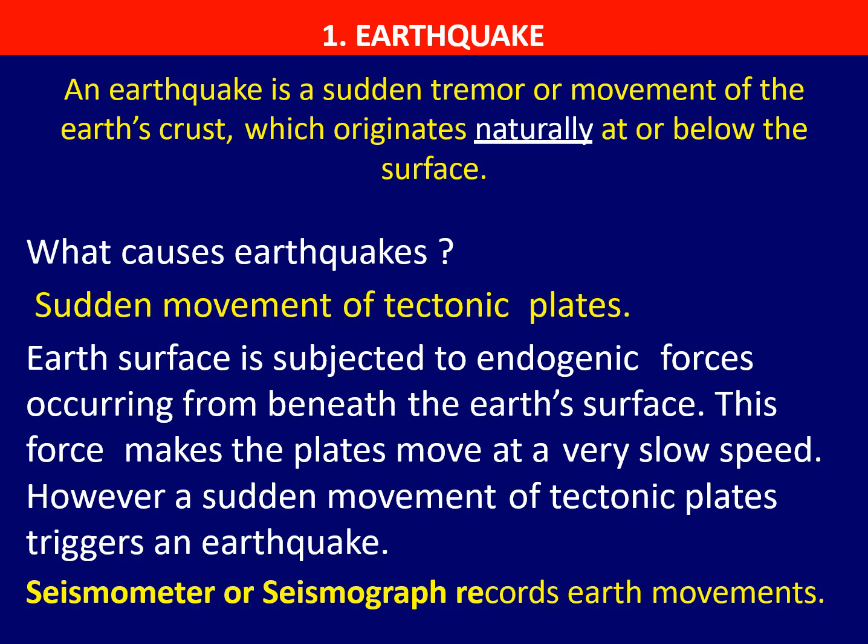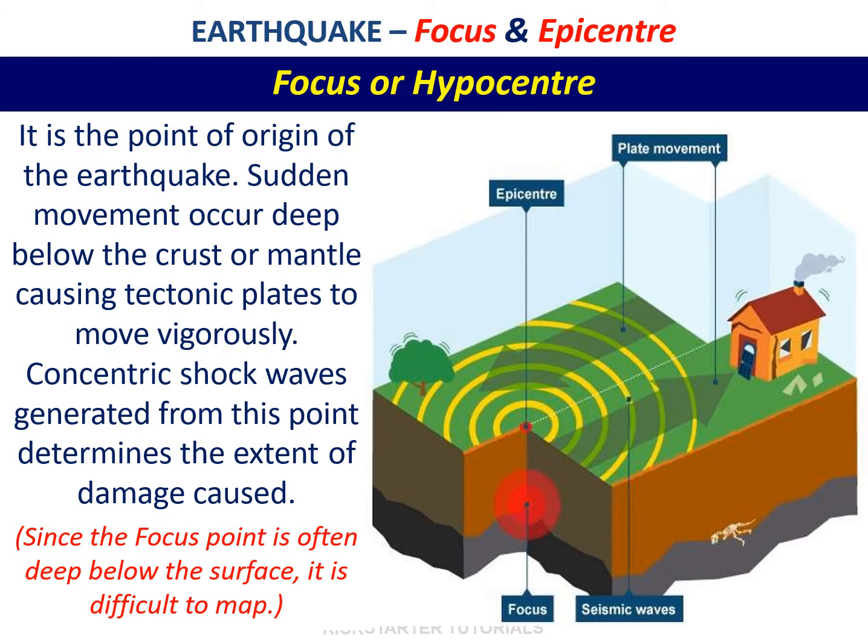Earth's surface is subject to endogenic forces which happen beneath the Earth's surface. A sudden movement of these tectonic plates triggers an earthquake, and a seismograph or a seismometer is used to record the Earth's movement. This is just general information. Now we will be dealing with what is the focus and the epicenter.